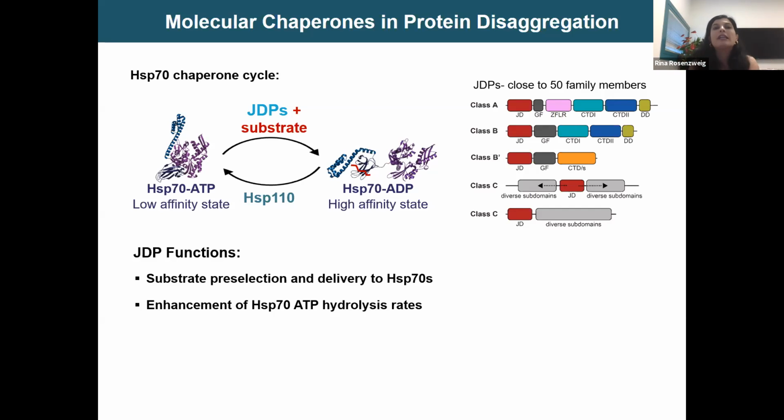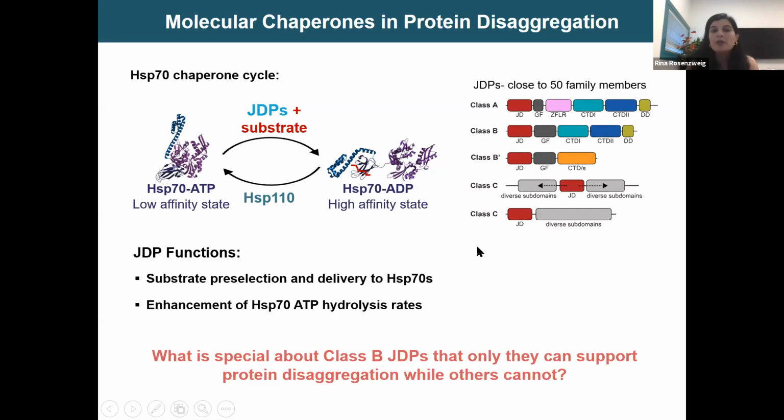So, looking at these J-domain proteins, and knowing that only class B function in protein disaggregation, what we wanted to understand initially is what is so special about those class B J-domain proteins, why only they can work with HSP70 in protein disaggregation. And we thought if we can understand that, this will give us a first clue about how this protein disaggregation actually works.